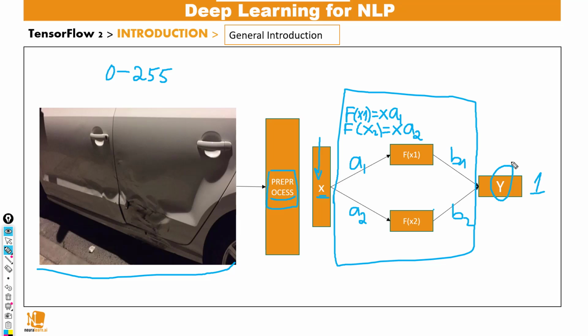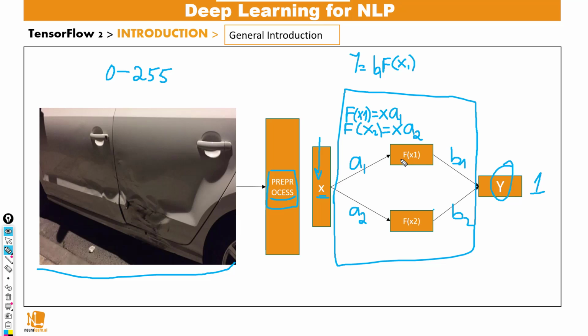Now how do we get the output y? We repeat the same process. Here we have y equals b1 times f of x1. But notice that to obtain y, we also need to take into consideration this information which is passing in this direction right here.